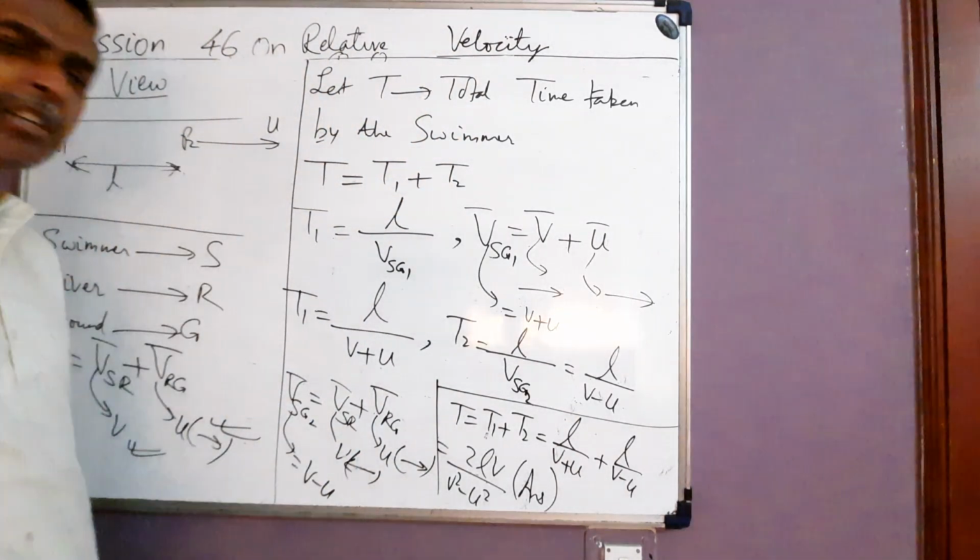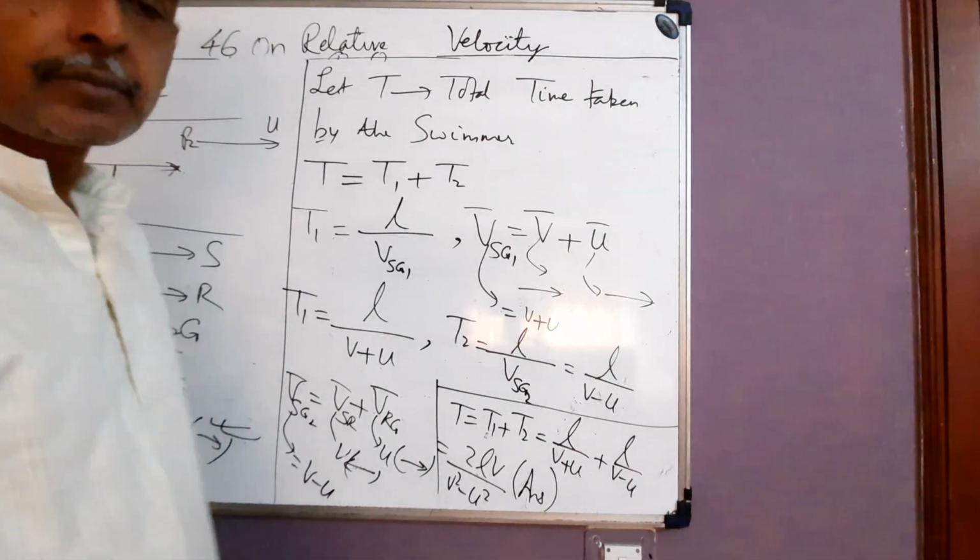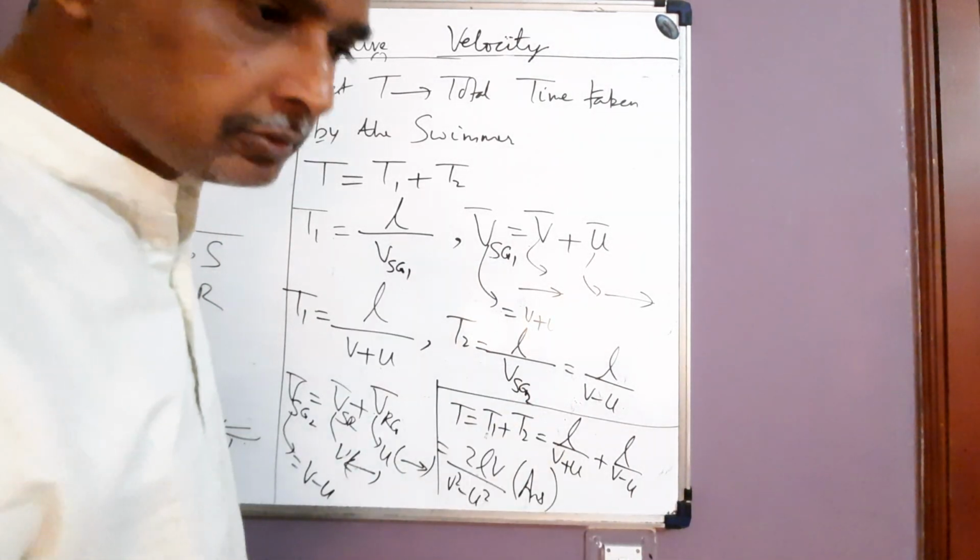For going from P1 to P2, it doesn't matter whether V is more than U or less than U. But for the return journey, it is necessary that V should be more than U. Okay, fine.